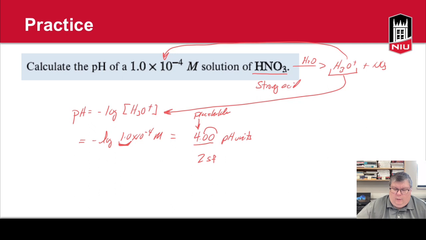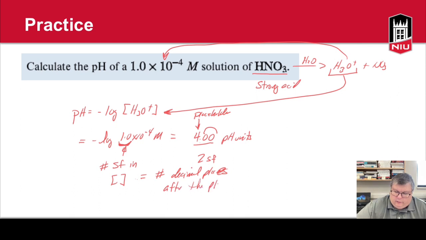So the number of significant figures in the concentration equals the number of decimal places after the placeholder.